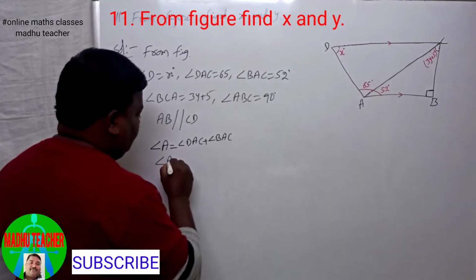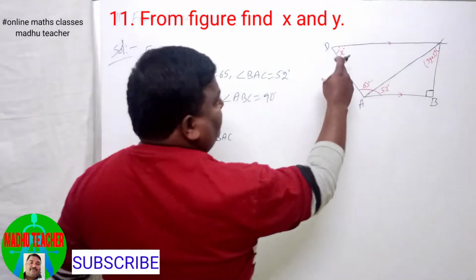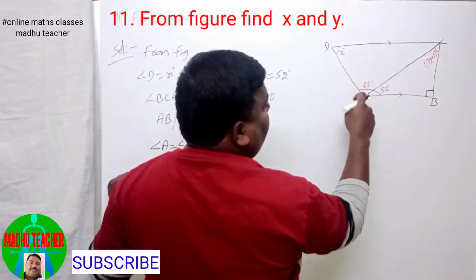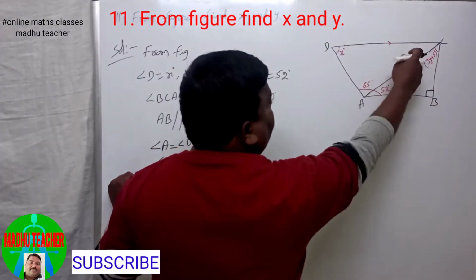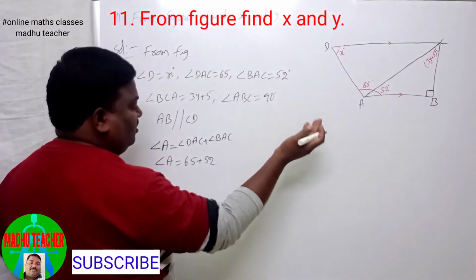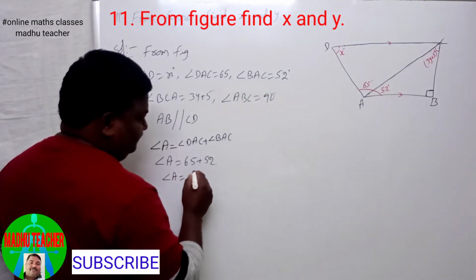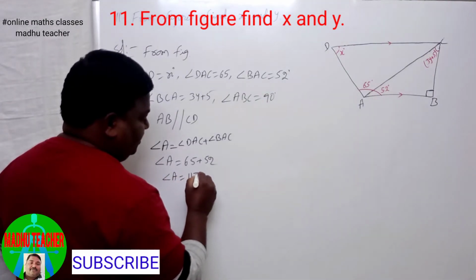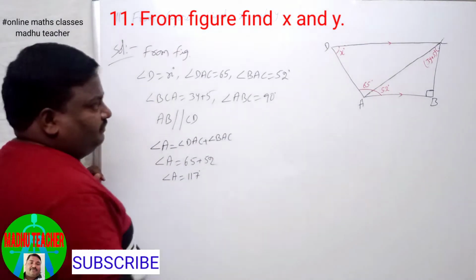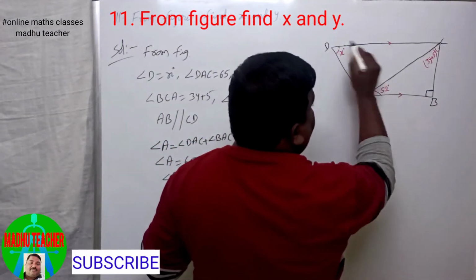That is angle A equal to 65 plus 52. Angle A means BAD equal to BAC plus CAD. So that is 52 plus 65 or 65 plus 52. That equal to 117.